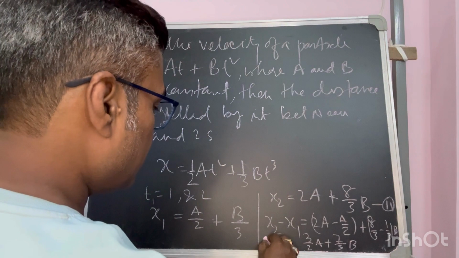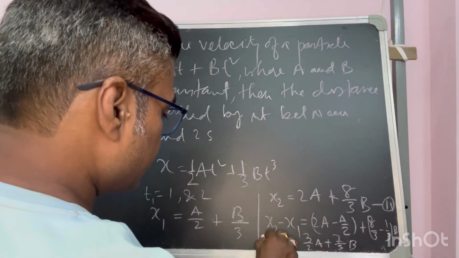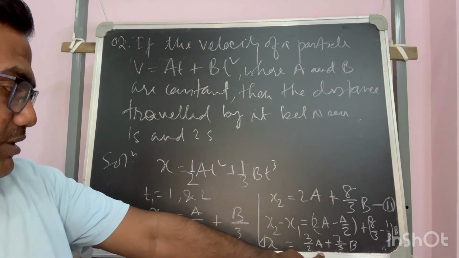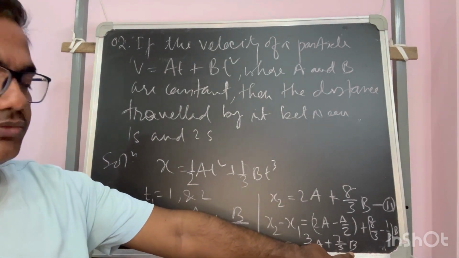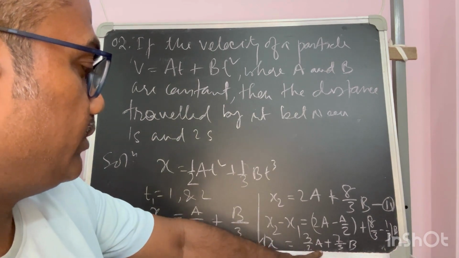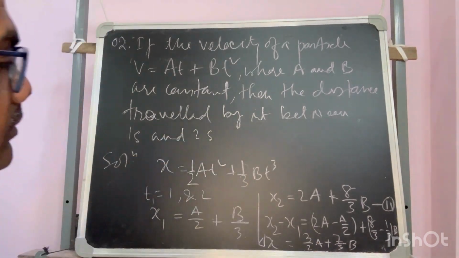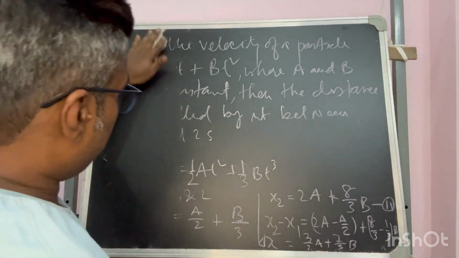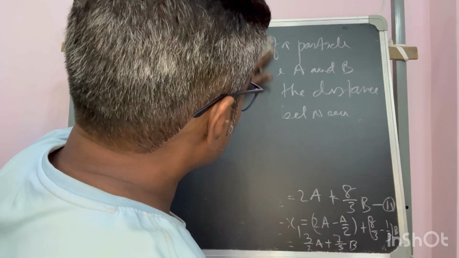So this will be the distance, that means delta x between 1 and 2 seconds. That can be represented with the constants a and b, because the values of a and b are not given. So it will be written as 3 by 2 a plus 7 by 3 b. So this will be the case for this. Okay, moving to next.